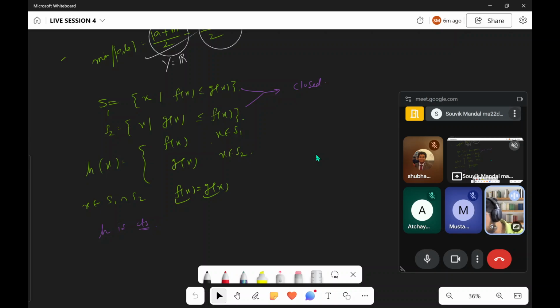If you are in doubt, please tell me, because this construction of S1 and S2 is the only trick you need to use for this problem.